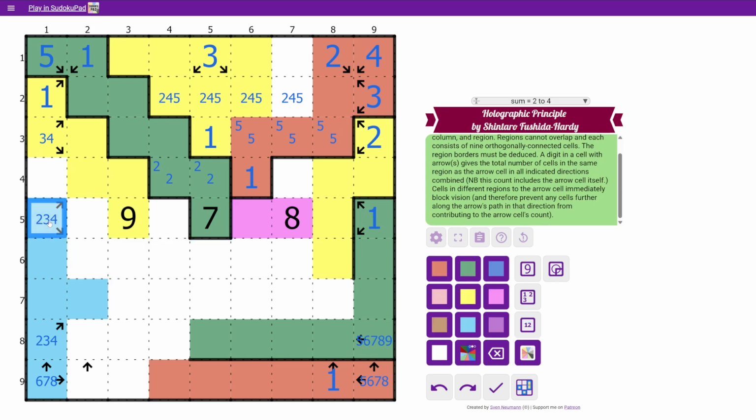So that had to be part of blue. Now it goes down to at least there, and then 1, 2, 3, 4, 5, 6, 7.